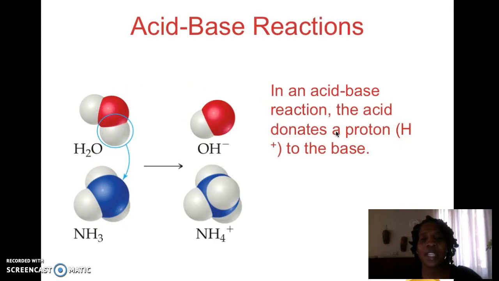So what happens in an acid-base reaction? In an acid-base reaction, the acid donates a hydrogen ion and the base accepts a hydrogen ion. So you need to be comfortable viewing any acid-base reaction in terms of the proton or hydrogen ion.